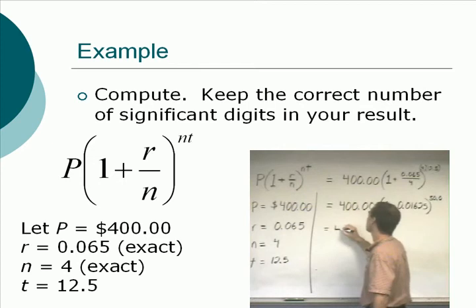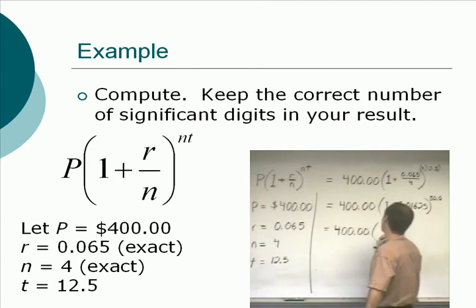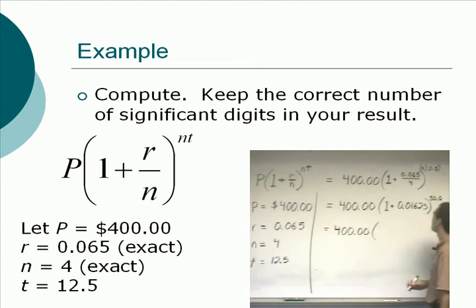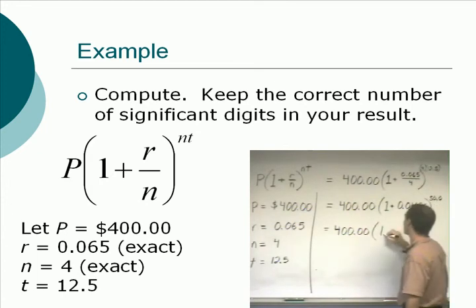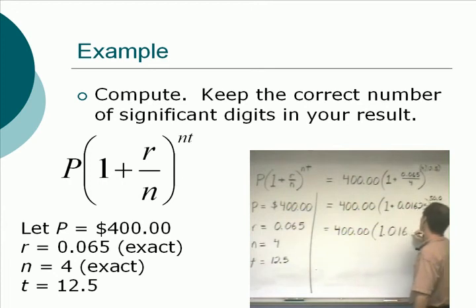So we have 400.00 times 1 plus 0.01625 is 1.01625 with an exponent of 50.0.